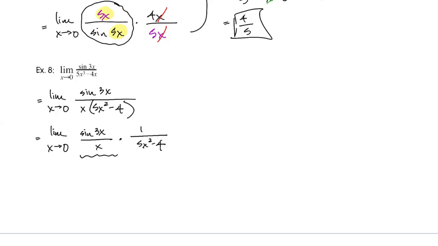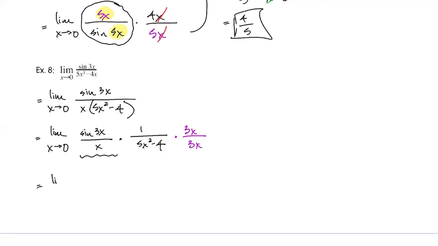What could we do to turn that into a form that's something we know the limit of? Yeah, and be a little bit more specific, not just 3x, right? We want it to be 3x on the bottom, but yeah, exactly. We multiply by 3x over 3x. So let me go ahead and multiply that on the end, right? We're multiplying by 1, fancy way of saying 1.